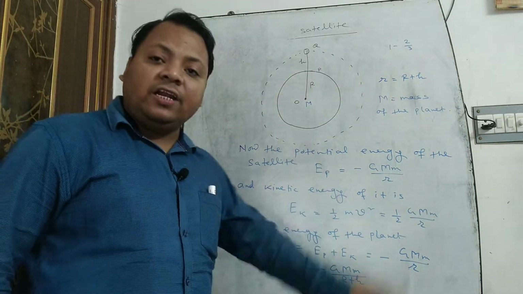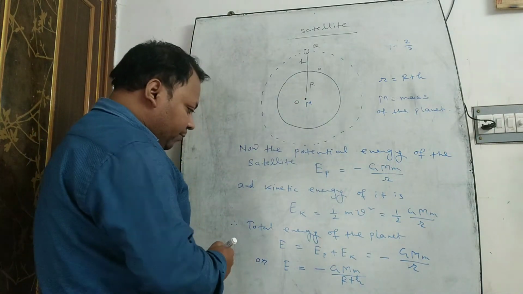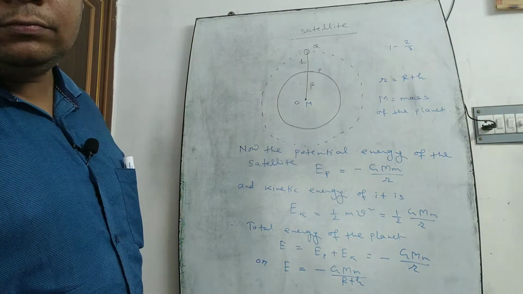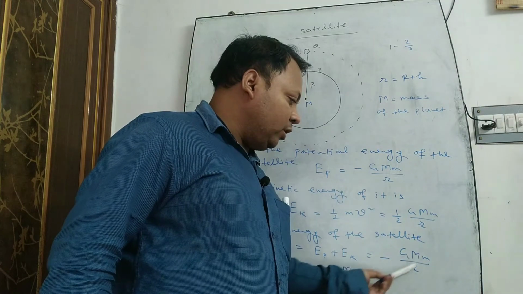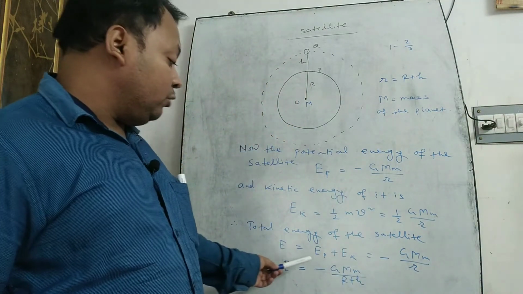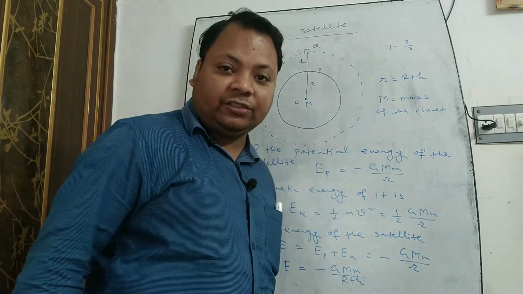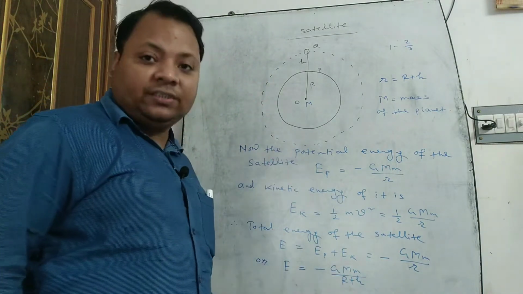Therefore the total energy of the satellite is E equal to EP plus Ek, which is equal to minus capital G capital M small m by r, or E is equal to minus capital G capital M small m by r plus h. This is the expression of the total energy of the satellite.